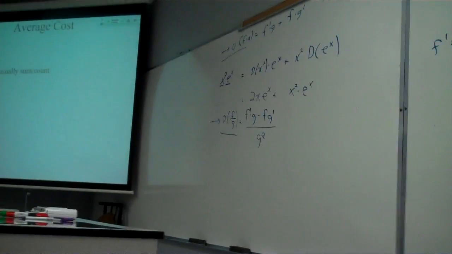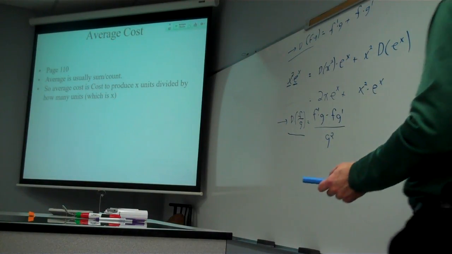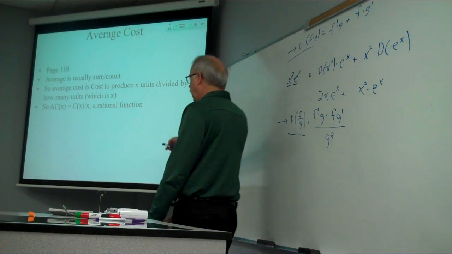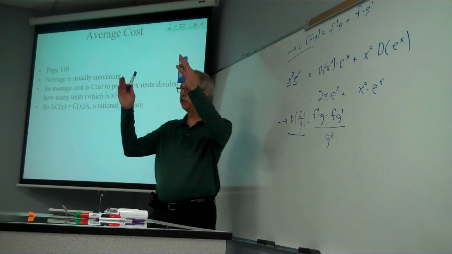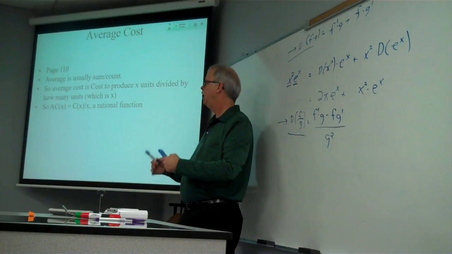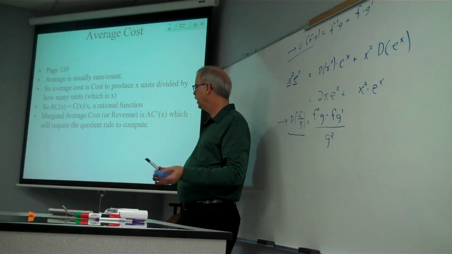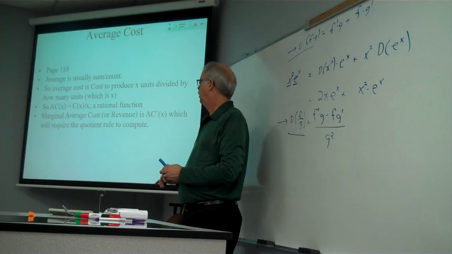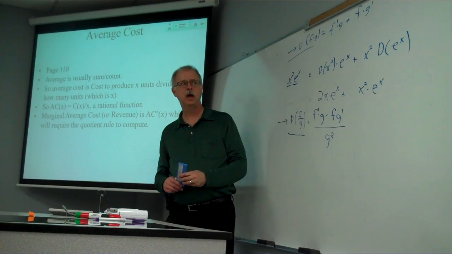Well, if we've got a cost function, the average cost to produce x units would be the cost of x units divided by x. We get a rational function. The cost function, whatever it happens to be, divided by x, that would be a rational function. So there are some times where you'd be interested in looking at that. They talk about the marginal average cost. But there are just places rational functions come into play.